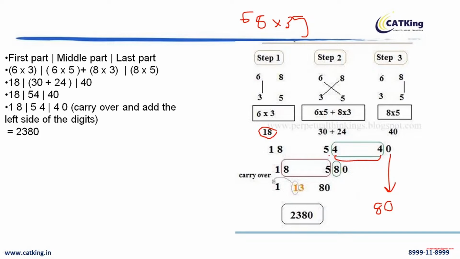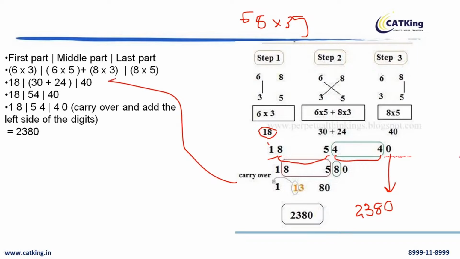Now 5 plus 8 will give you 13. So you don't write 13, you write 3. You take 1 as carryover, and the first digit as it is, that is 1, plus the carryover 1, which should give you 2380.